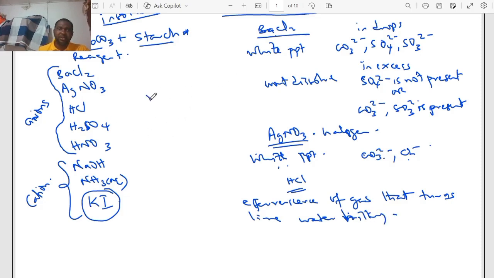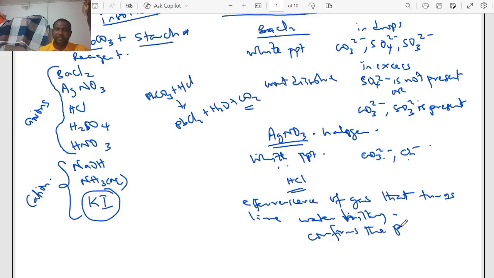That is because when lead carbonate combines with HCl, you are going to get lead chloride plus water and CO2. That CO2 being given off is a confirmatory test. It confirms the presence of CO2, which is very important in the presence of HCl.